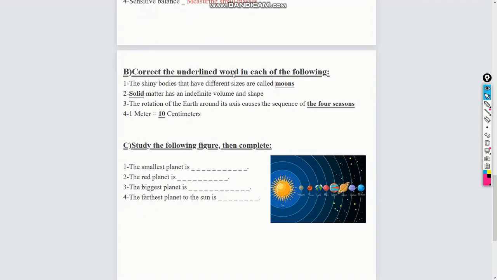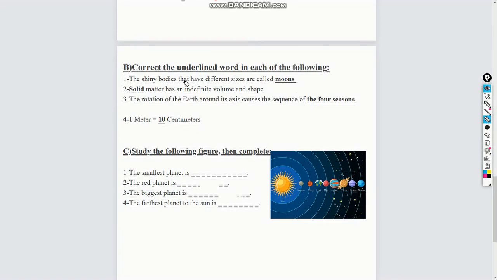Correct the underlined word in each of the following. The shiny bodies that have different sizes are called moons. Nope, moons is incorrect. The correct answer is stars. Solid matter has an indefinite volume and shape. No, solid matter has definite volume and shape.